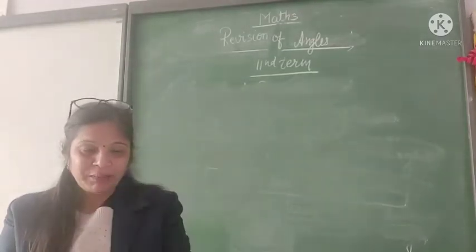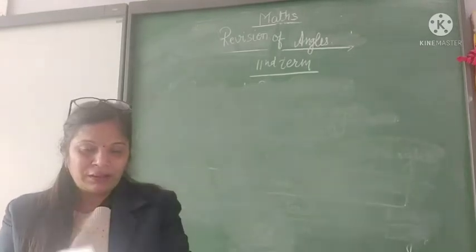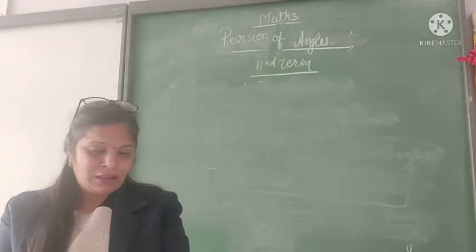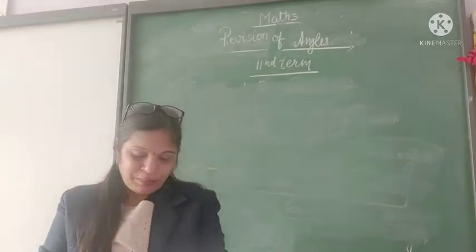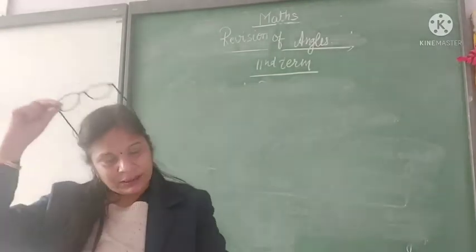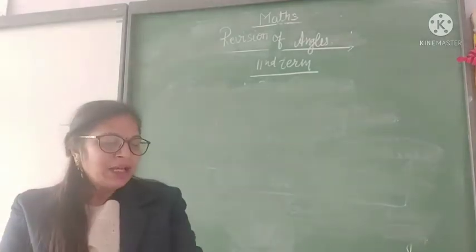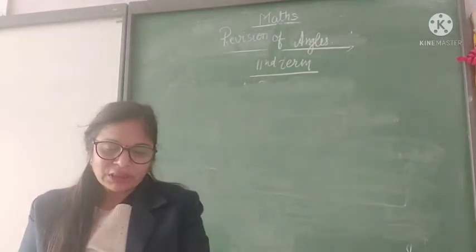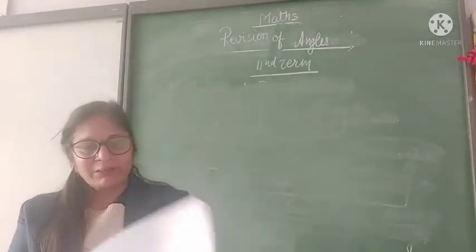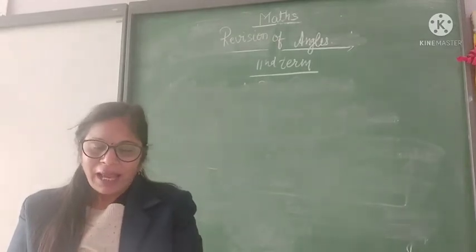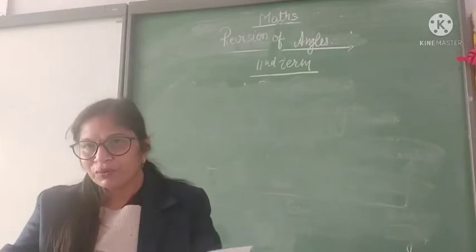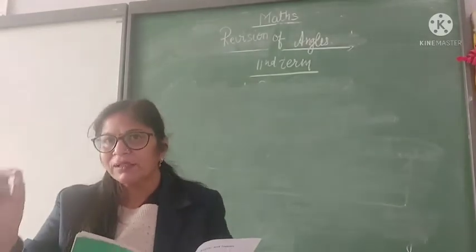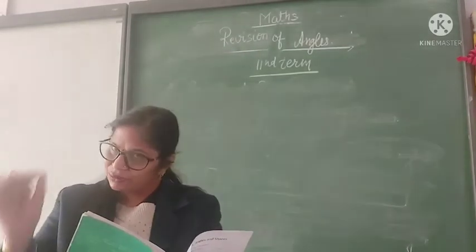Children, you can open page number 133 with me. When I was teaching you, I told you about angles, and we have the kinds of angle: acute angle, obtuse angle, right angle and straight angle.